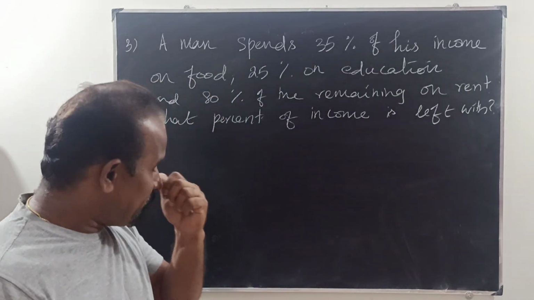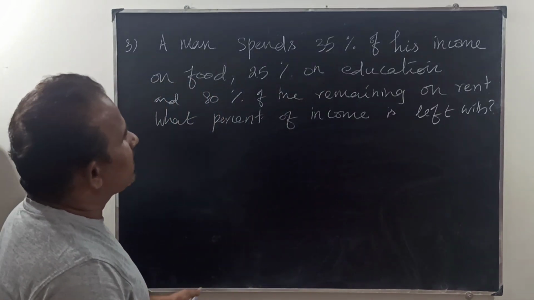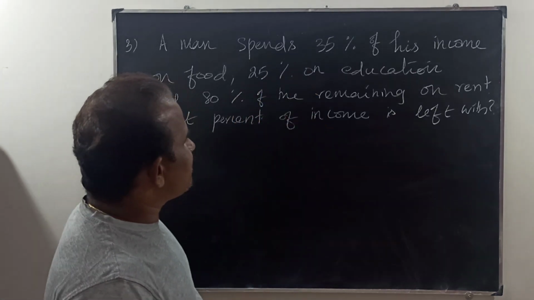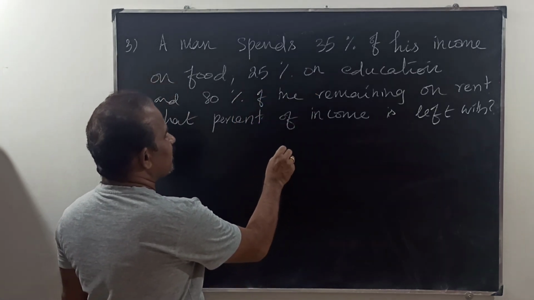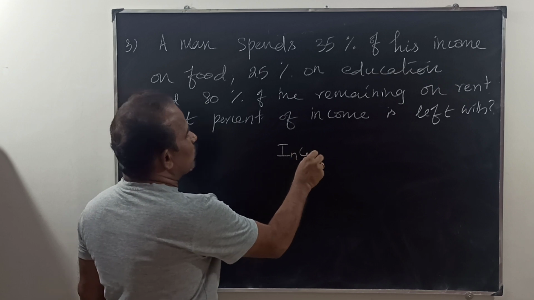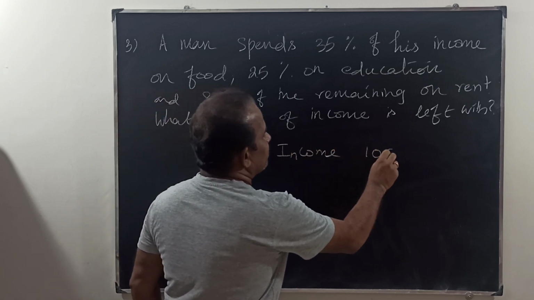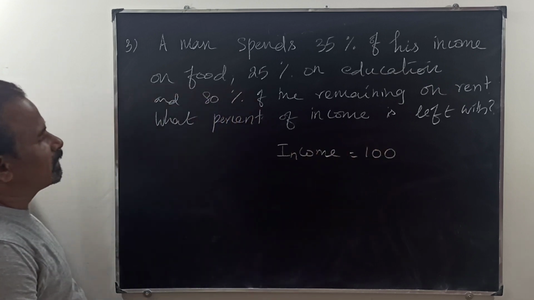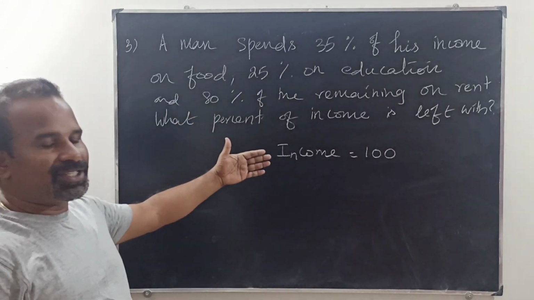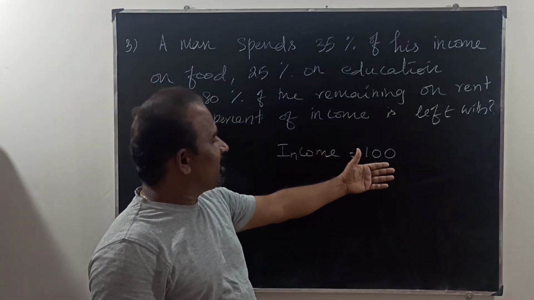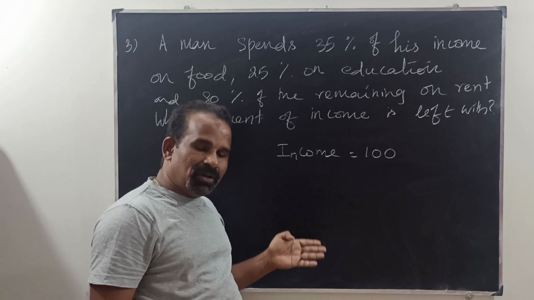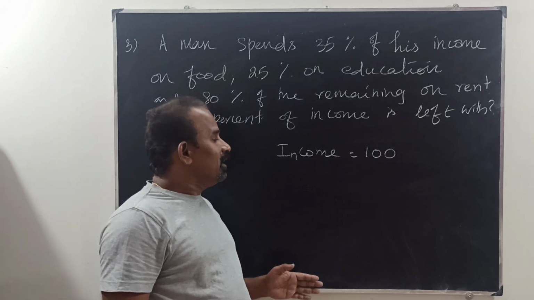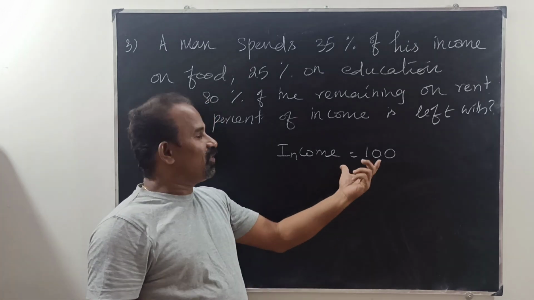Now, for this type of question, let us take the income as 100. Because they are asking only for percentage, whatever value we have finally is nothing but the percentage, because of 100.